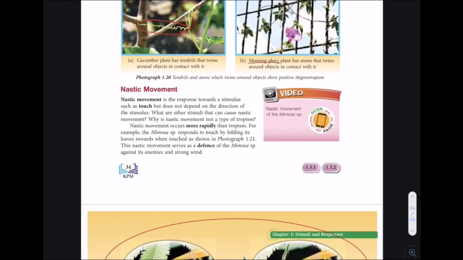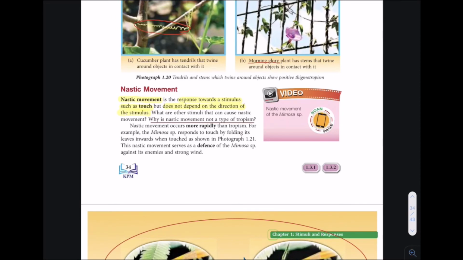Next, let's talk about nastic movement. Nastic movement is a response towards a stimulus such as touch, but does not depend on the direction of the stimulus, while tropism actually depends on the direction of the stimulus. That is the reason why nastic movement is not a type of tropism.